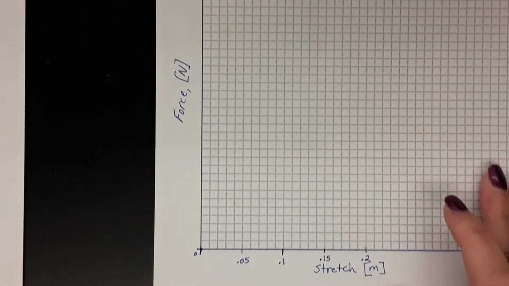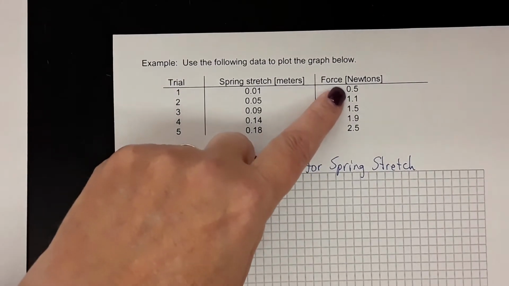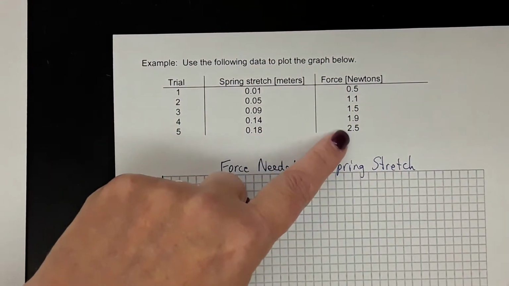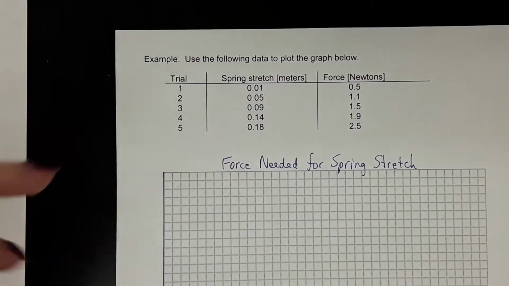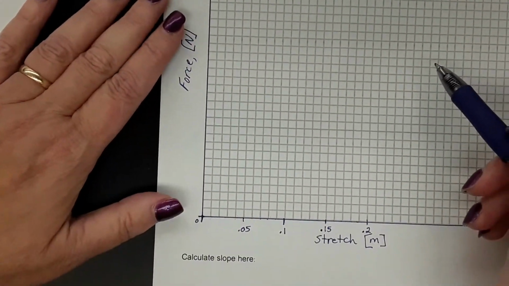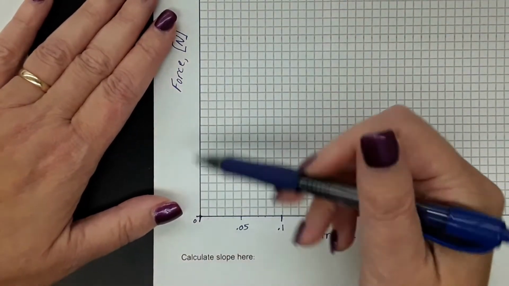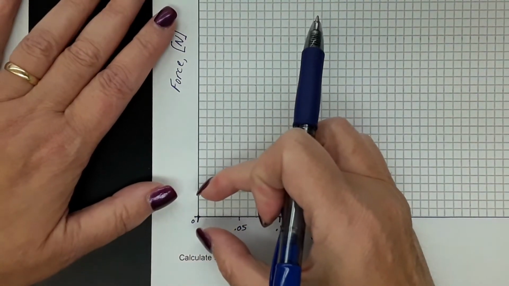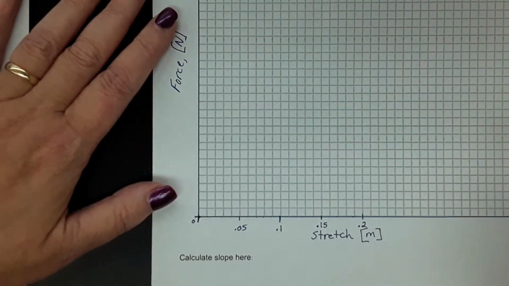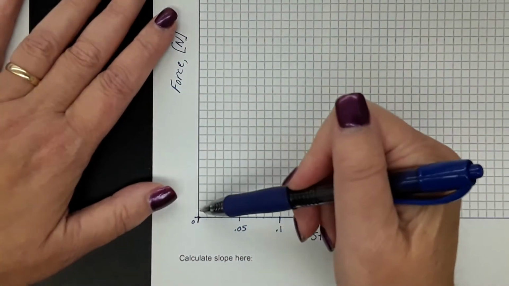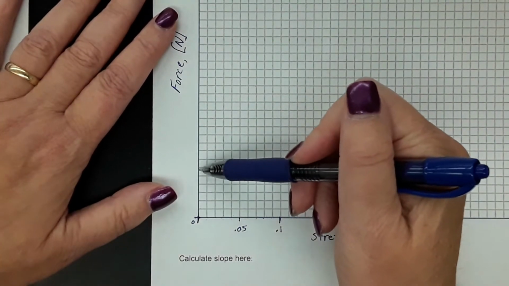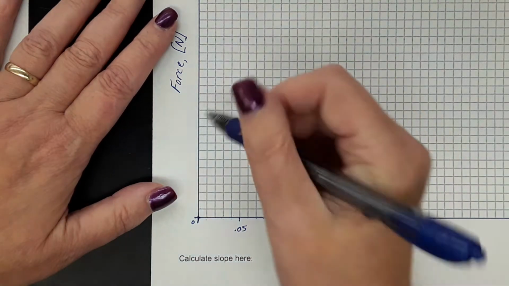Now, let's take a look at the y-axis. We're going from about 0 to about 2.5, or say 3. So we want to stretch that out a little bit. Always stretch it out, because if you make it real small down here, you're not going to get a graph that looks like anything. So 1, 2, 3, 4, 5, 6, 7, 8, 9, 10.